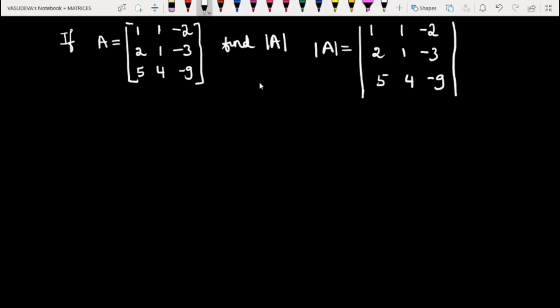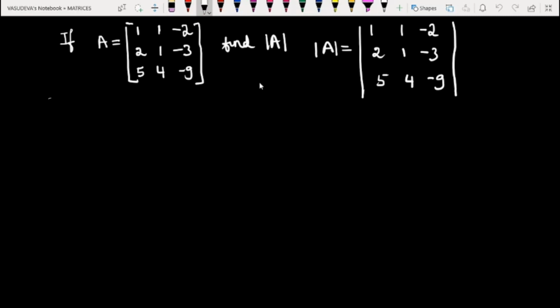I will expand along row 1, row 2 and also along column 2, and I am going to show that the value will be the same when you expand along any row or any column.